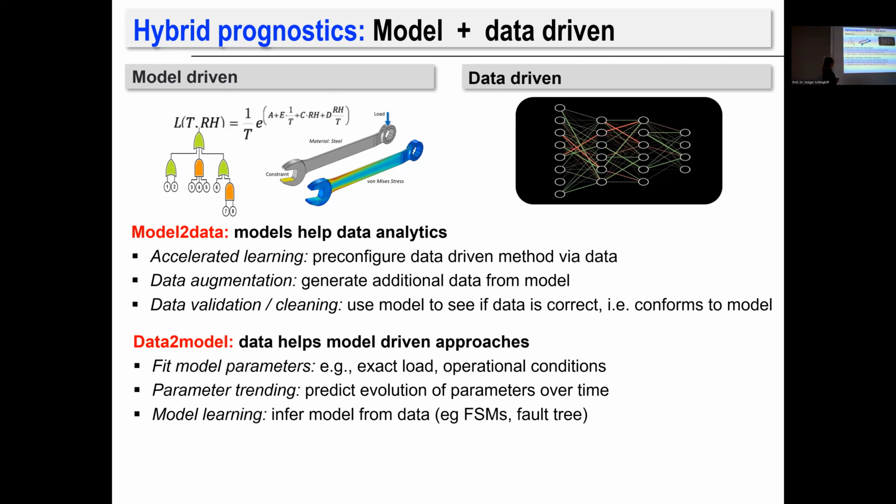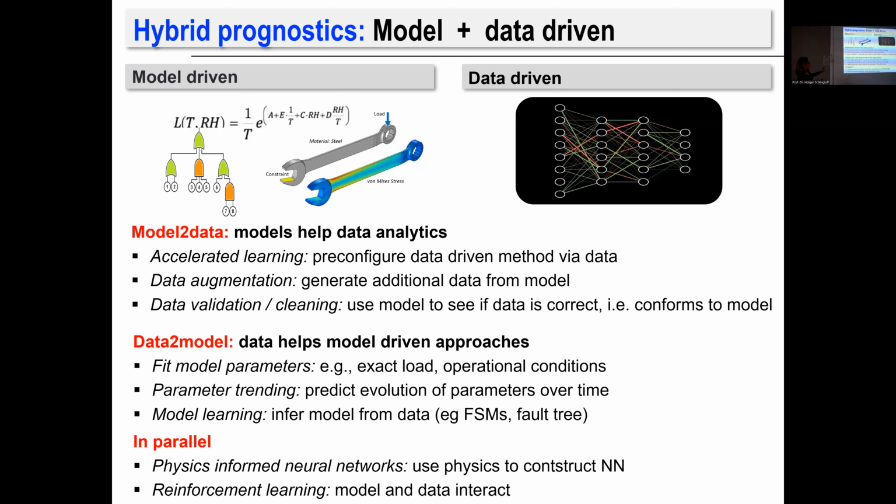A topic that has gained recent attention is the so-called model learning. Can you infer the whole model from data? For instance, can you learn a finite state model that models your protocol? I myself work on inferring fault trees from data. Then there are things that work in parallel.